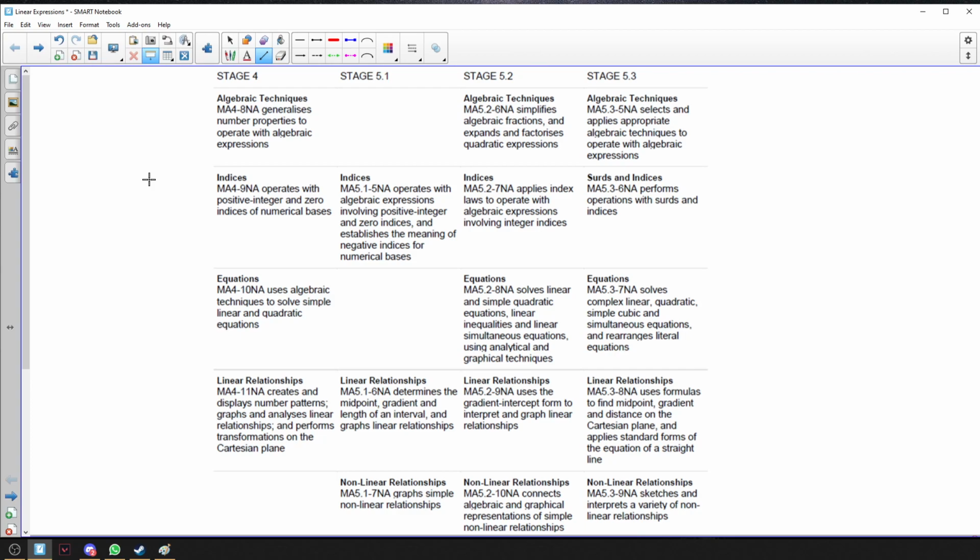So today we'll also help you with algebraic techniques and linear relationships, which has more to do with graphs, which you'll come across in high school. Today we'll be using algebraic techniques to solve simple linear and quadratic equations.